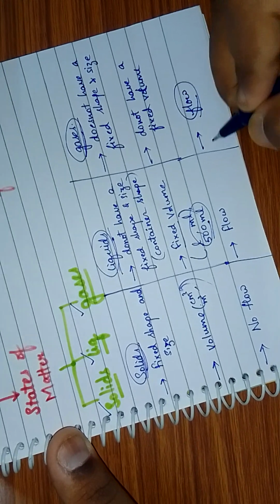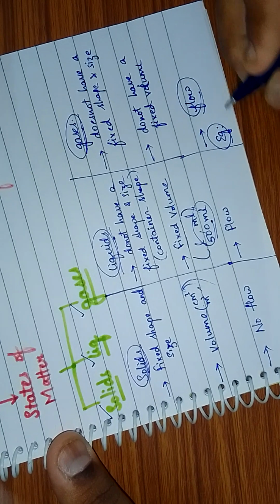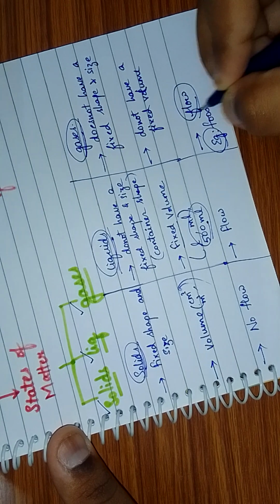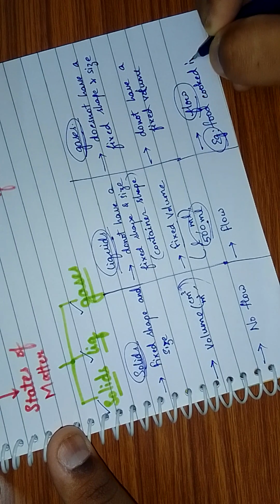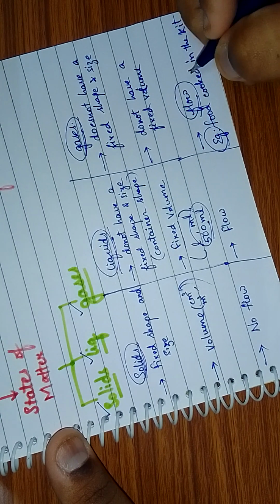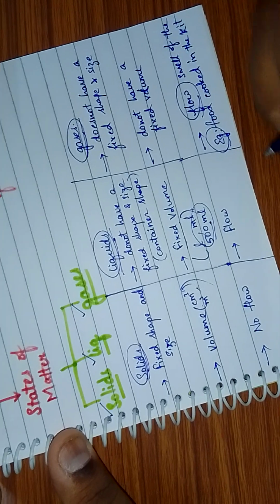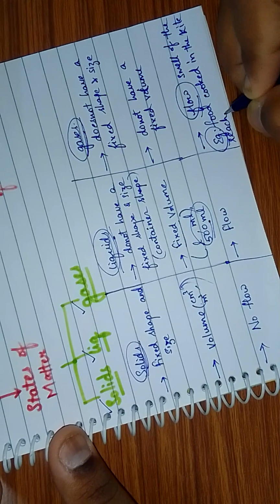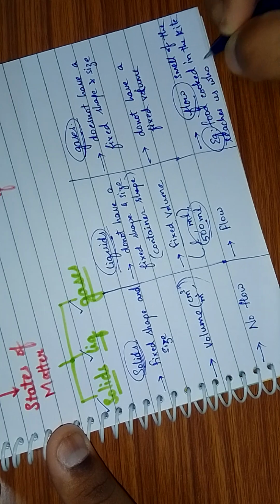One example proving this property is that the smell of food cooked in the kitchen reaches us even when we are far away.